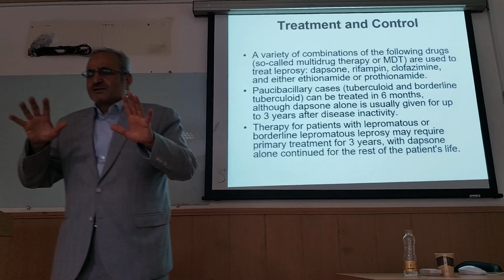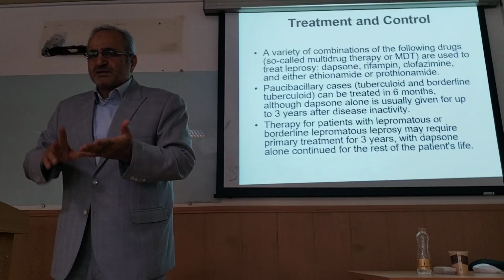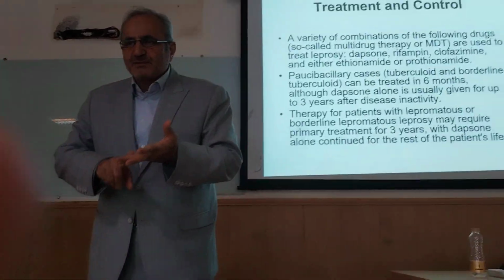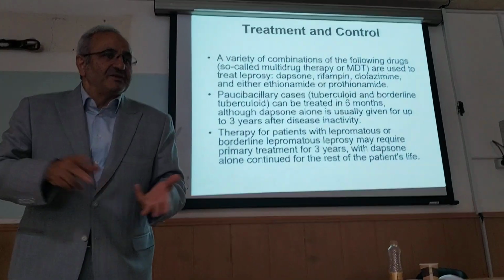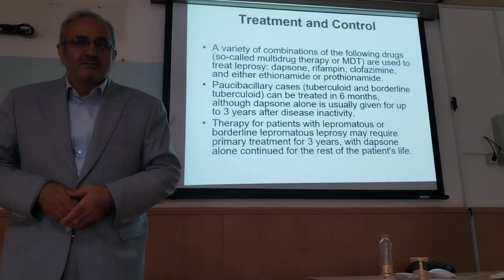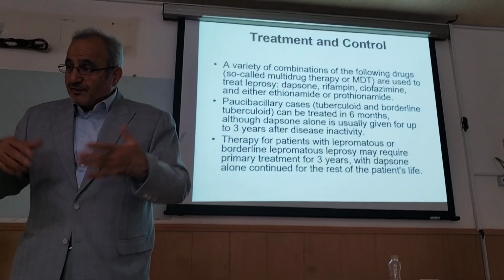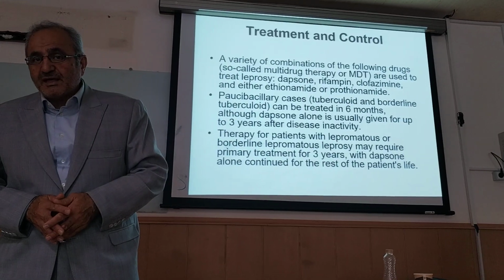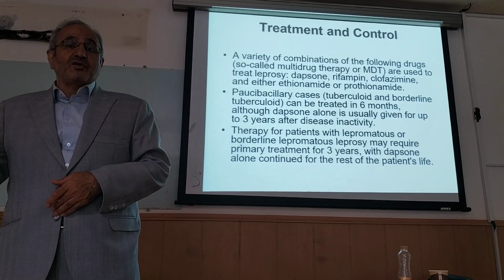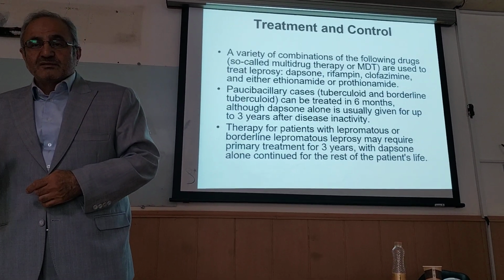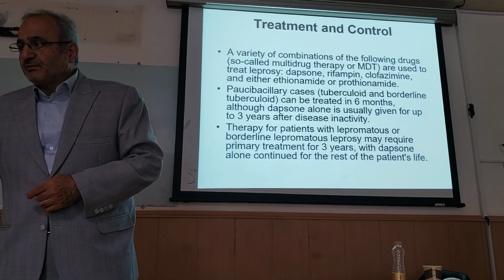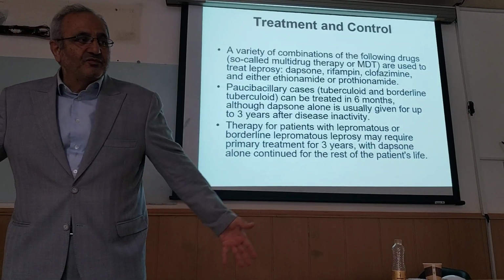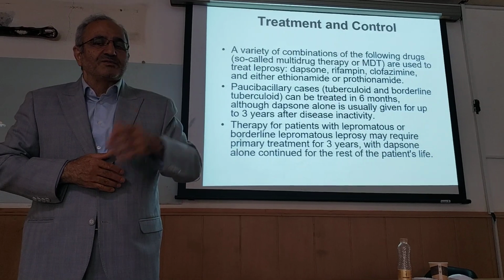So 6 months of combination therapy means dapsone and clofazimine, and then 3 years with dapsone. You remember? The long-term treatment. And for lepromatous leprosy, it takes longer. For lifetime, for the rest of their life, they should take dapsone.